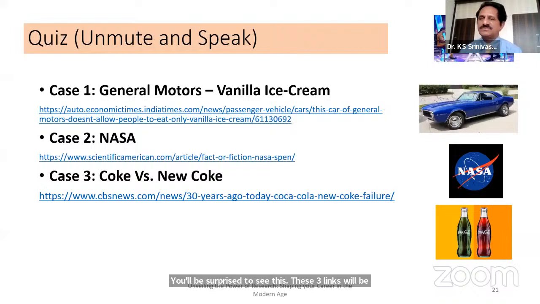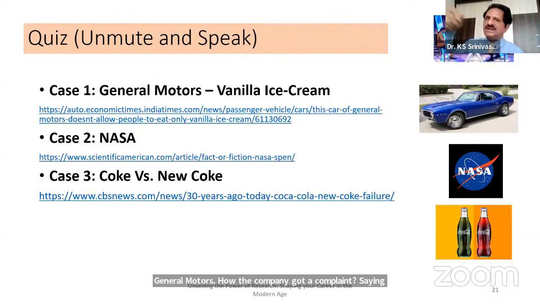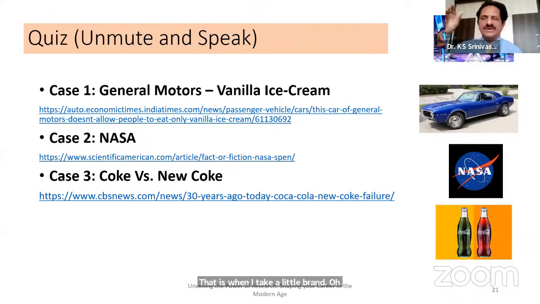General Motors, as a company, got a complaint saying that whenever I go to the store to purchase vanilla ice cream and come back and open the car, the General Motors car would not start. Whereas when I take another brand or another flavor of ice cream, the car starts by that time.